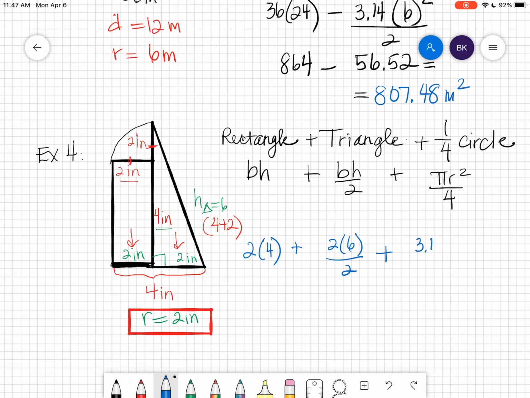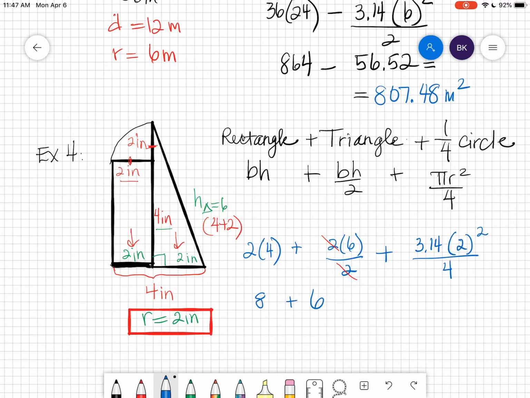So 3.14 times a radius, and we said that the radius was 2, squared, divided by 4. 2 times 4 is 8. Plus, I'm going to cross cancel these two, which will give me 6.